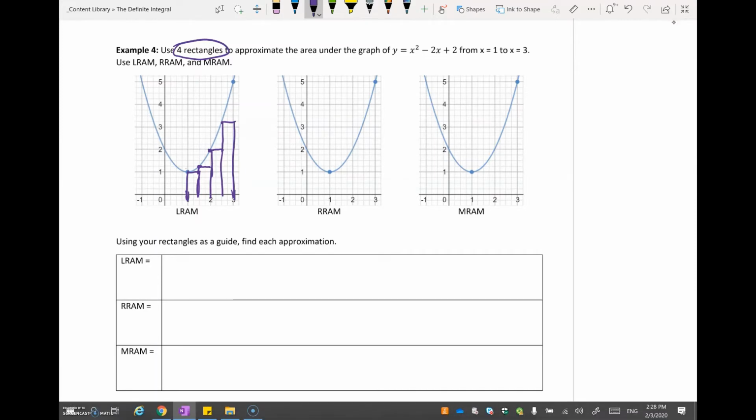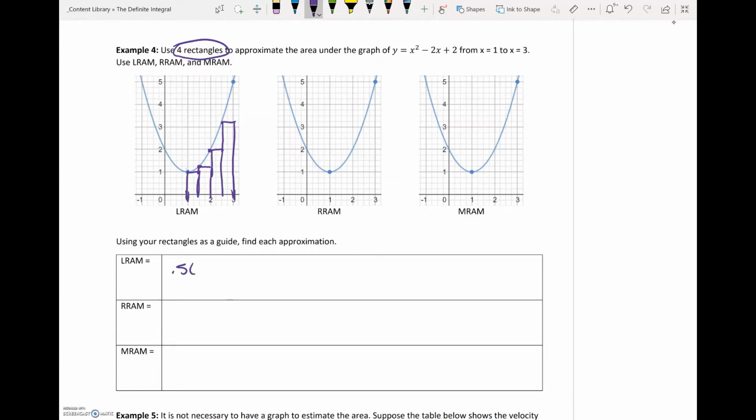And then now we're going to do the calculation for it. So each of these is worth 0.5 down here. If you look at our width, it's 0.5. And we're going to multiply by the height. So the first one is 1. Then we have 0.5 times what looks like 1.25. Again, our width is 0.5, and our height now is at 2. 0.5.